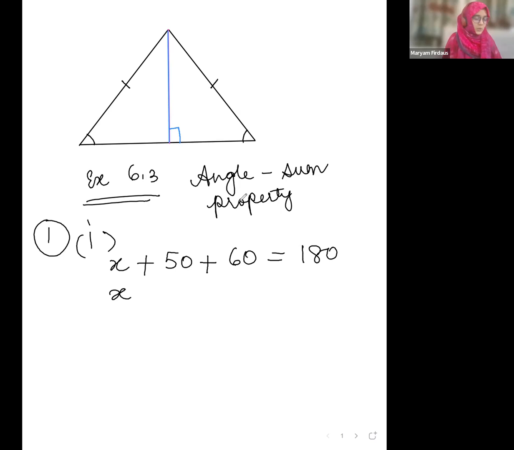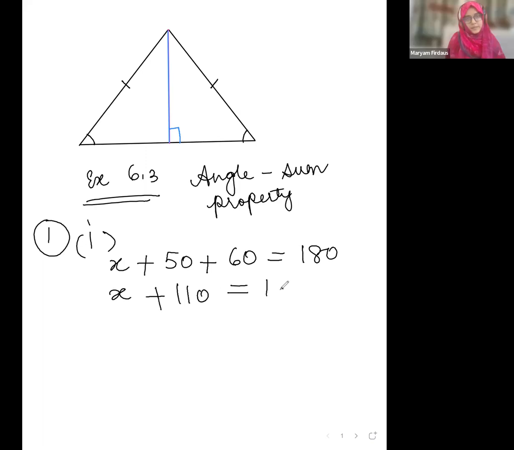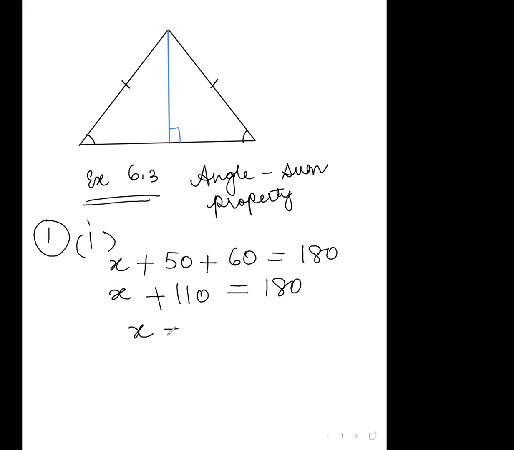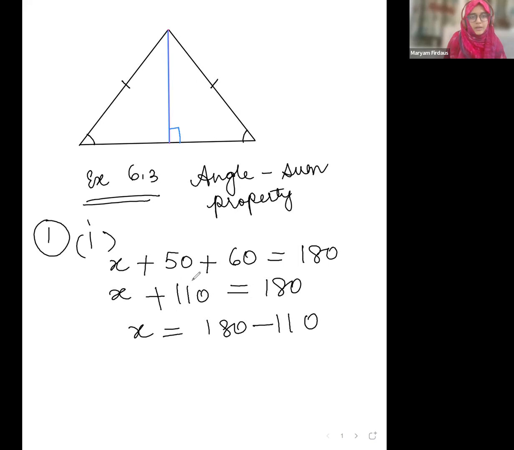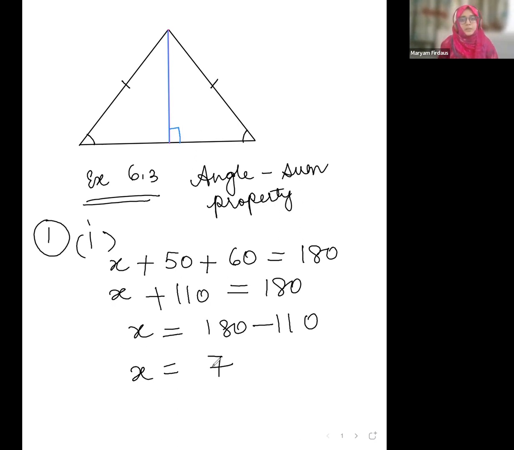Yes. So X plus 110 gives 180. Then X becomes, minus 110 on both sides. We can just use the transposition method, right, Hiba? We can just send 110 to the other side, and then it becomes a minus. Then X becomes how much? X is equal to 70. Very good. X is equal to 70 degrees.